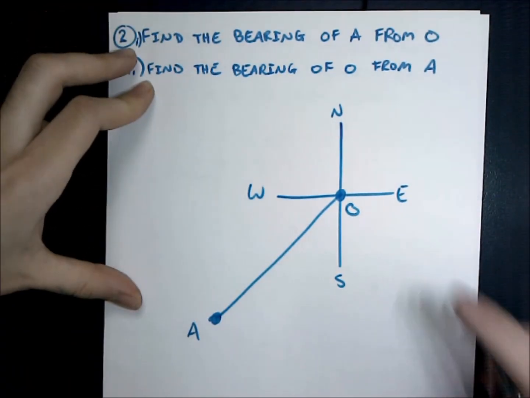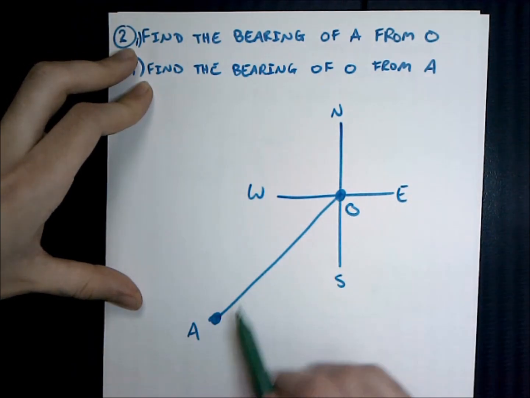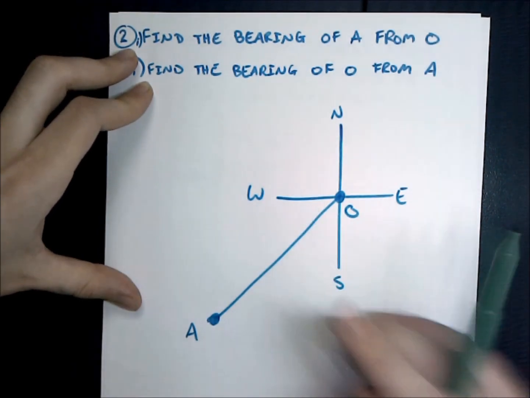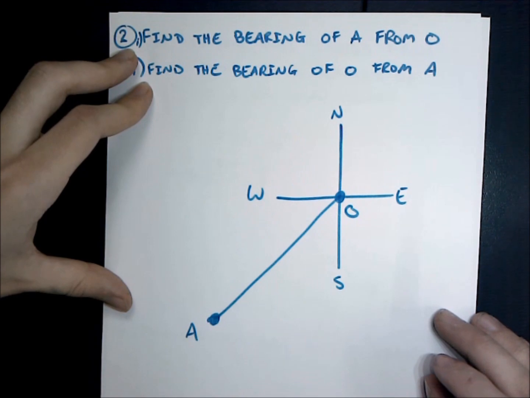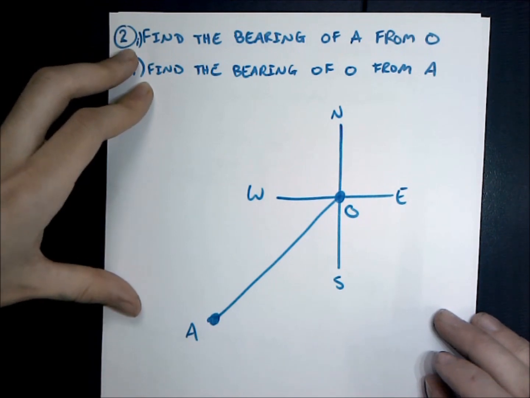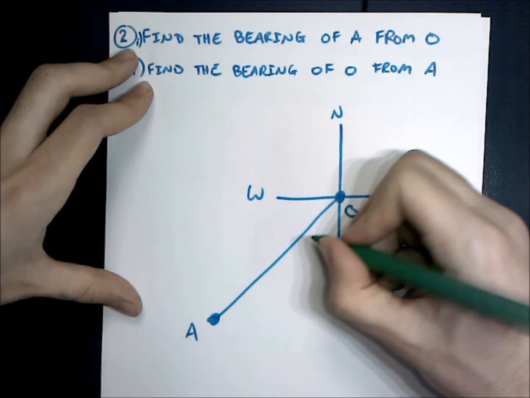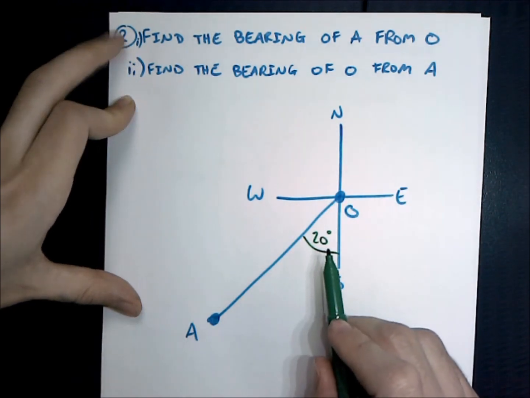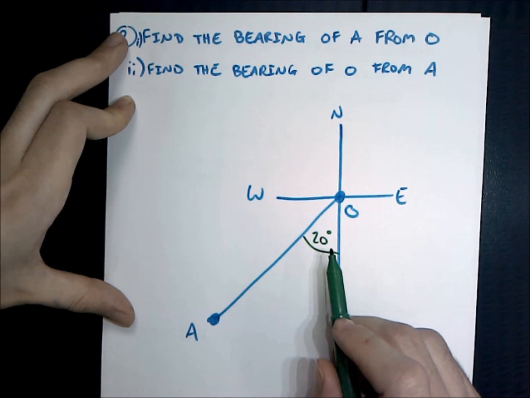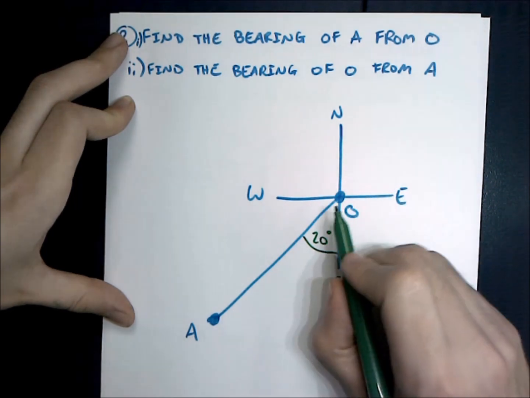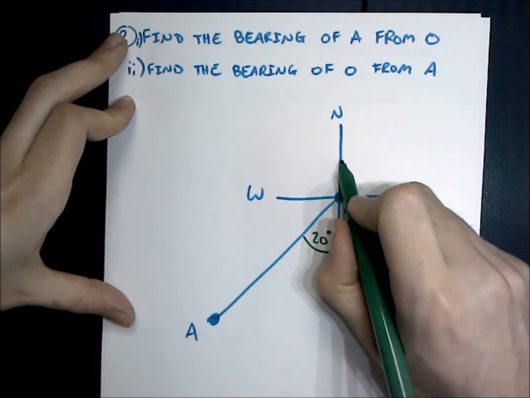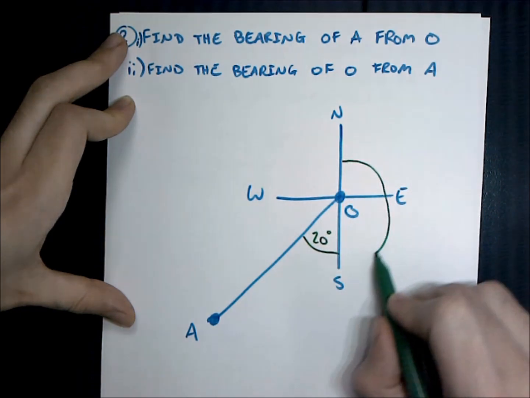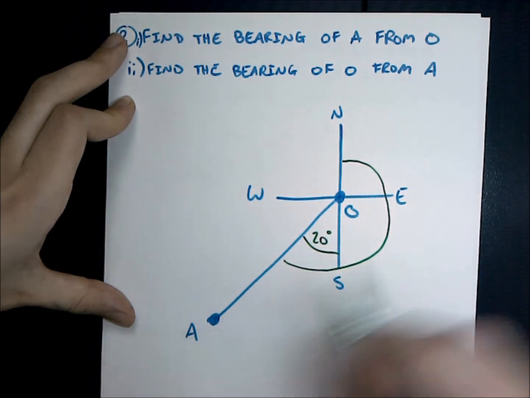Alright, let's have a look at a couple of others. For this one, same thing. We start at O, and we've got point A. We want to find the bearing of A from O. It doesn't actually give us an angle here, so I'm just going to fill one in. Let's pretend this was 20 degrees. So we're going to A from O, starting at O. We want the angle from here going all the way around to here.